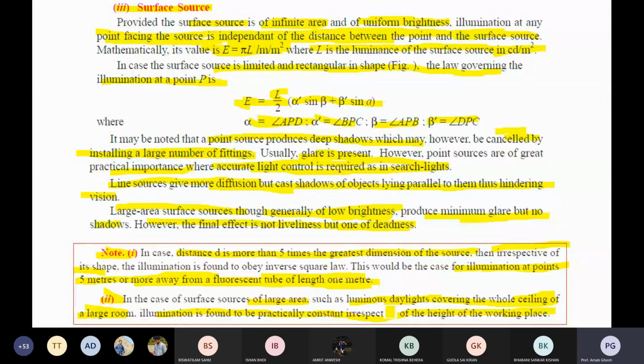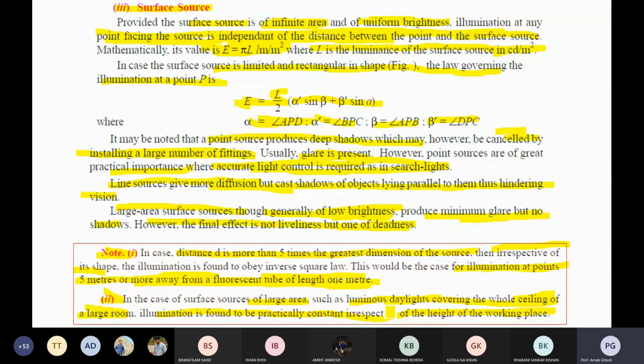Now how do you understand CP, meaning candle power distribution? You have to use polar curves. If you use a polar curve, you can find the candle power distribution.